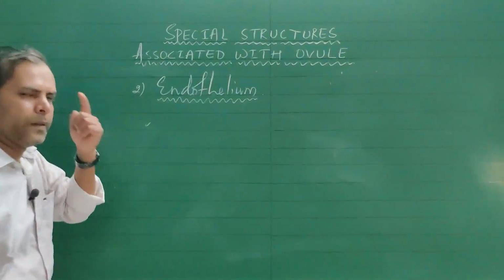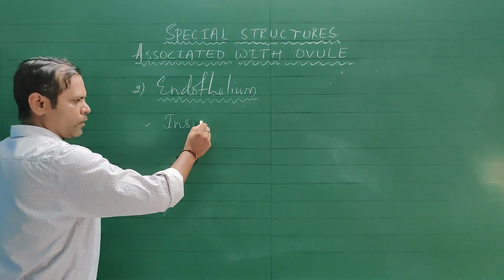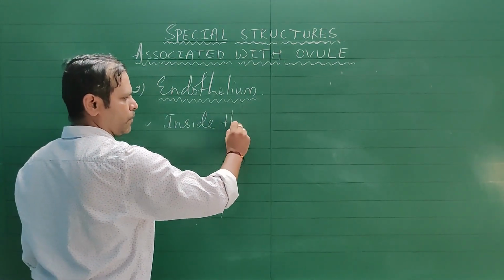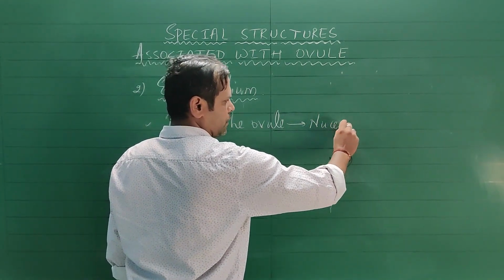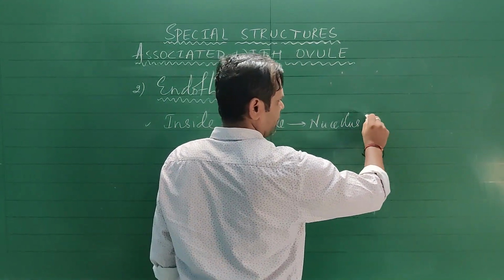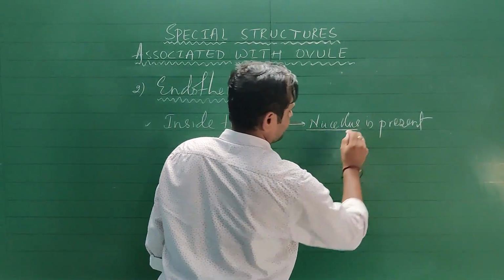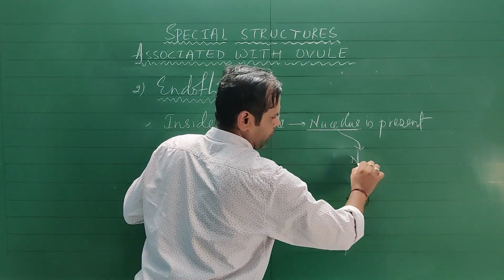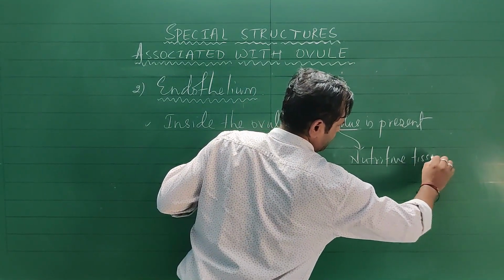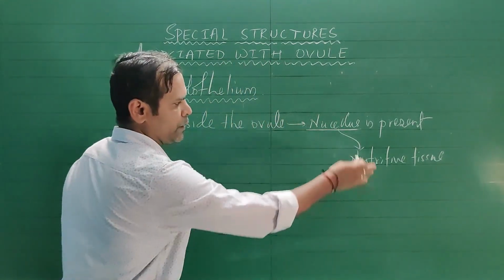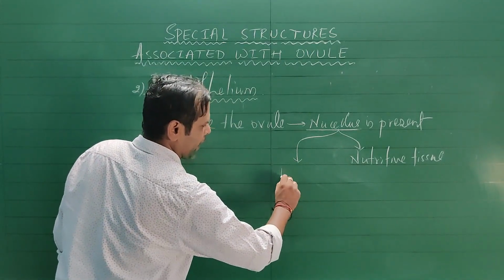Now, we all know inside the ovule nucellus is present. This nucellus is a nutritive tissue. Second, it provides nutrition to the embryo sac. दूसरा है, it is covered by integuments.